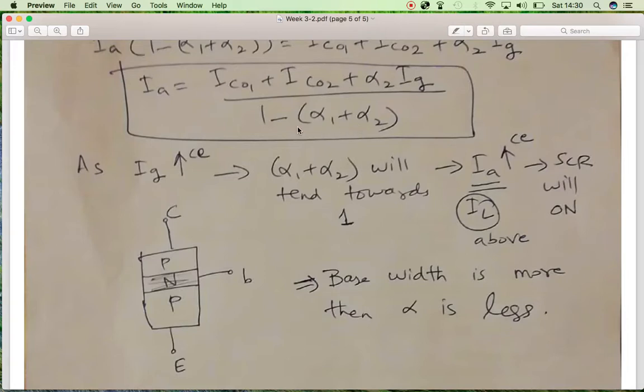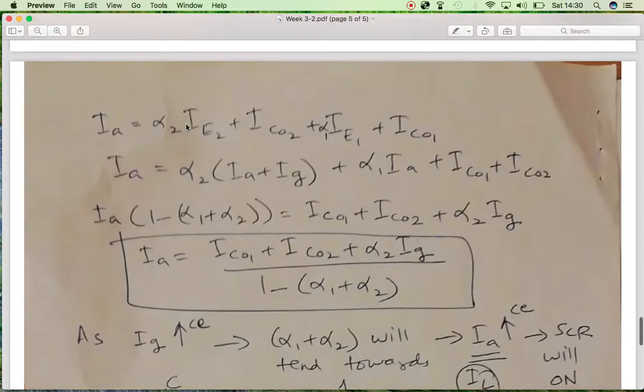When the alpha value increases and approaches towards 1, this overall expression increases, and when this overall expression increases, the IA is increased, and the SCR will be in the on state.